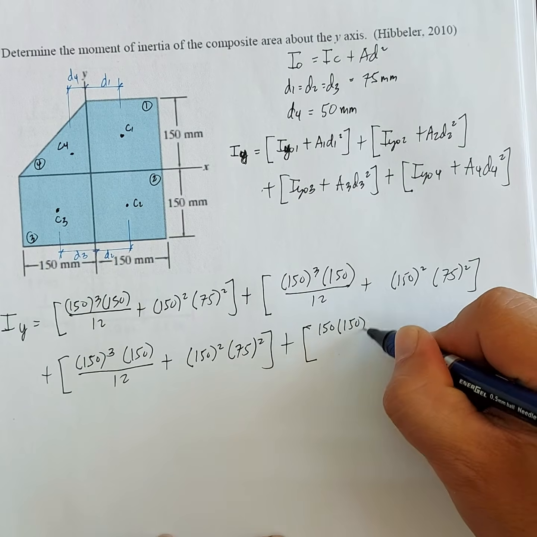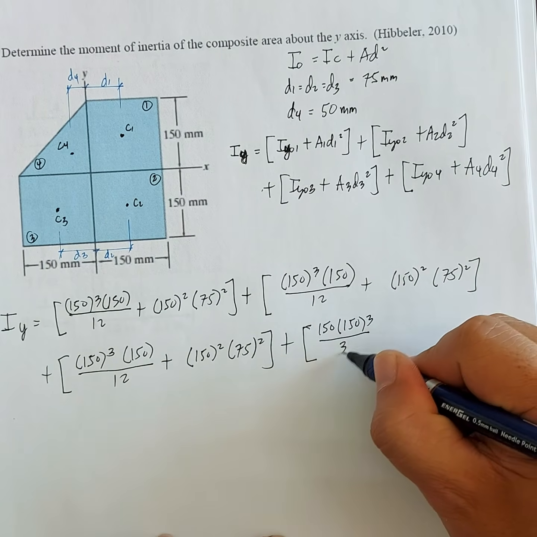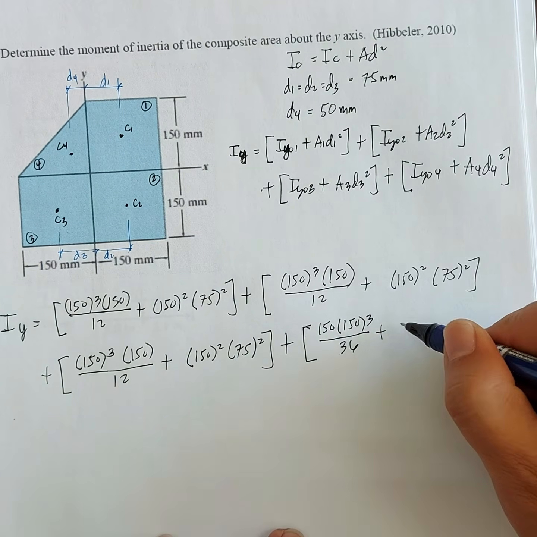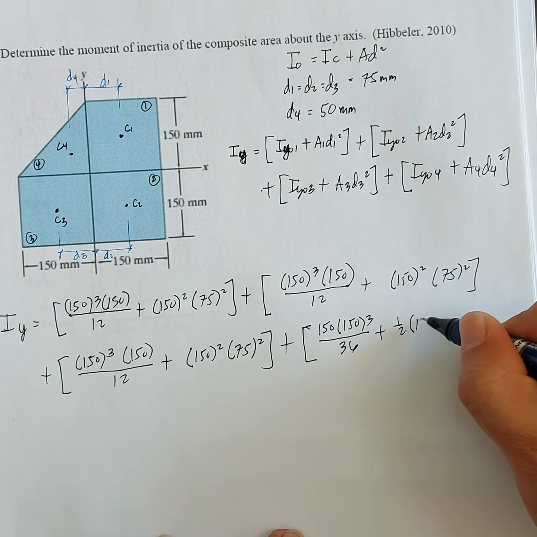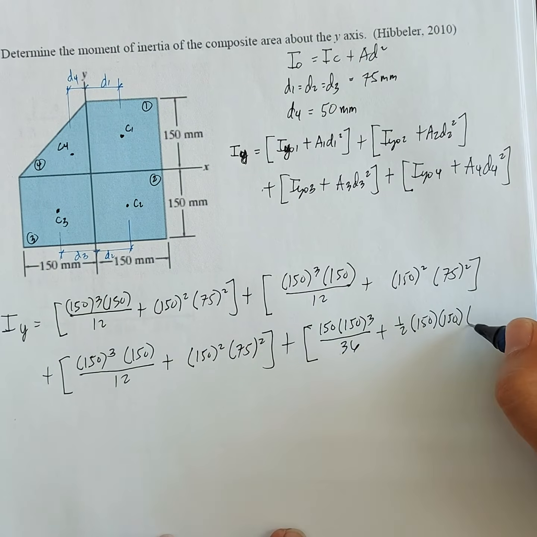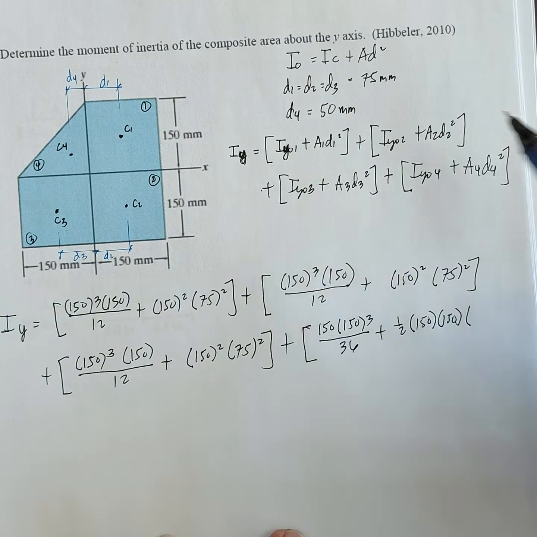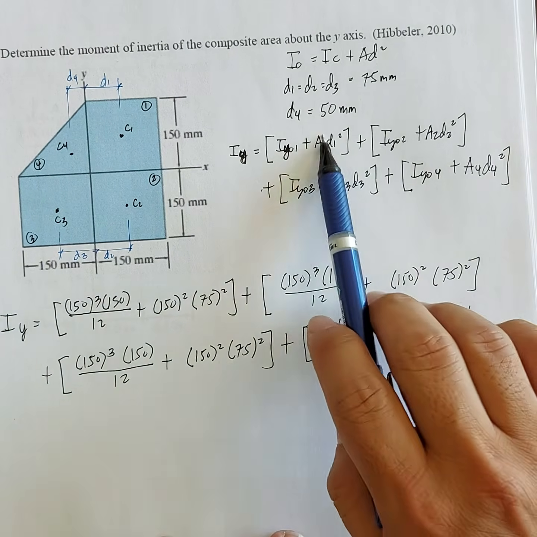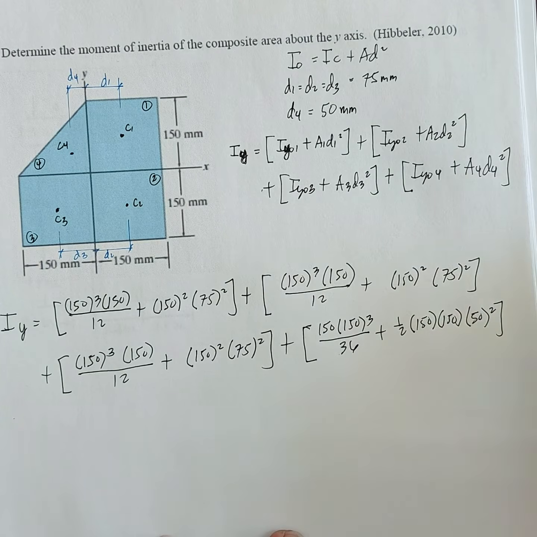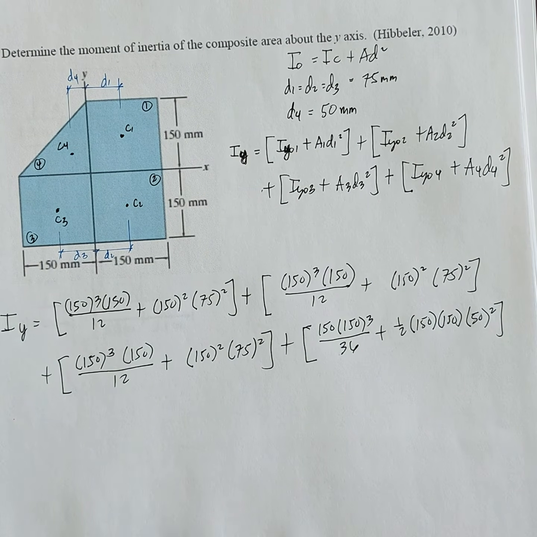Height is also 150 cube all over 36 plus AD squared. Area, of course, is 1/2, 150 by 150. Okay? Times D squared, D4 squared. Ang D4 natin is, we have identified it a while ago, that's 50 mm squared. Okay? So, yan na yung ating equation.